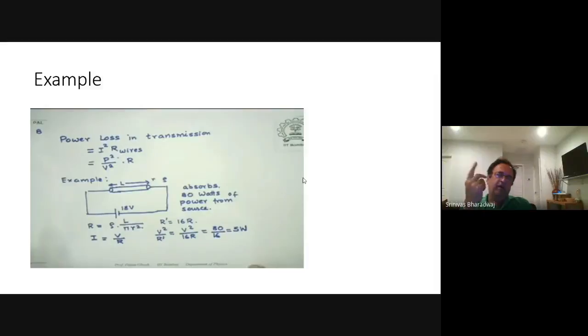So this transmission causes loss. If the person wants to switch on the light and experience the power, that power should be continuously transmitted to those areas.